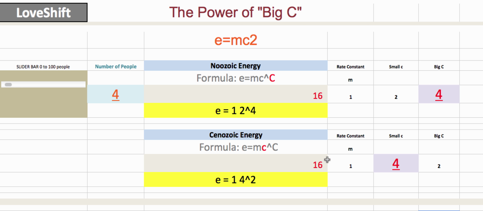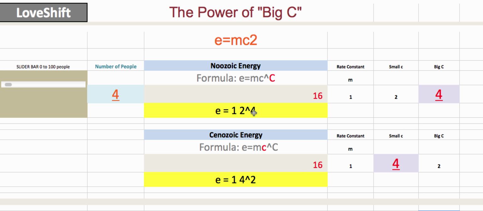So we get an amount of energy equivalent to 16 units of energy. Up here, it's the number 2 raised to the power of 4. Down here it's 4 raised to the power of 2. Here it's 2 raised to the power of 4.